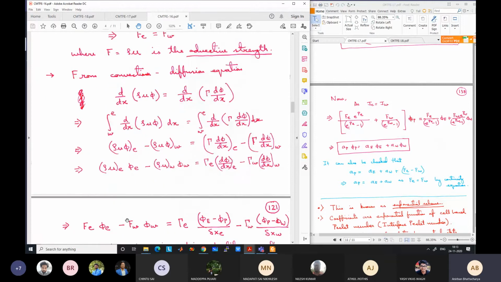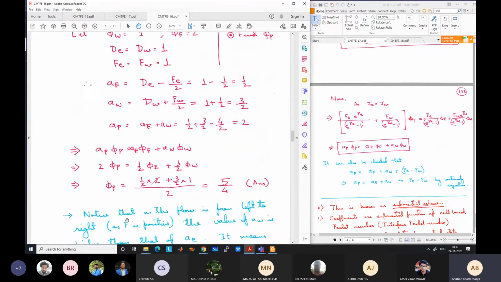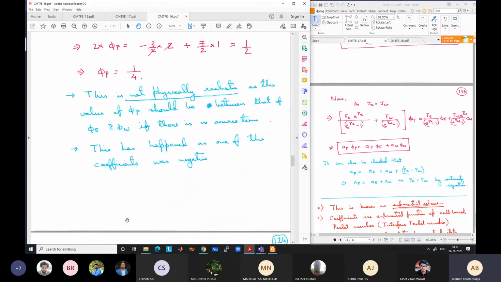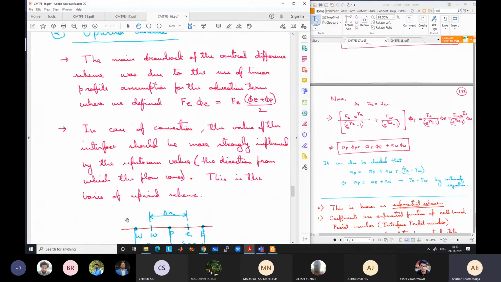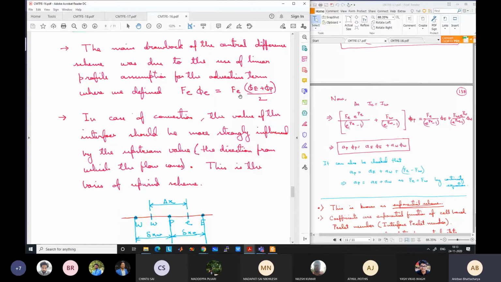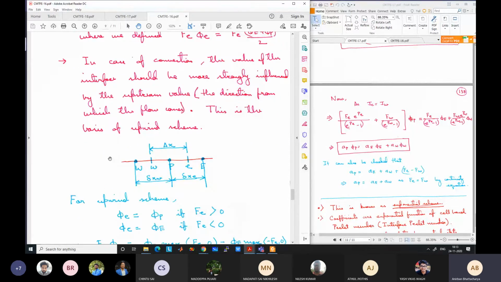So based on this assumption, we devised a second scheme, which we called the upwind scheme, where the effect of only one side was taken. In the previous class we discussed this. If the flow is coming from the left side, we take the value of only phi W for the west interface. If the flow is coming from the right side, we take the value of only phi P for the west interface.